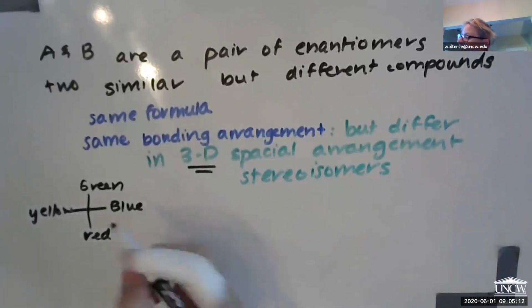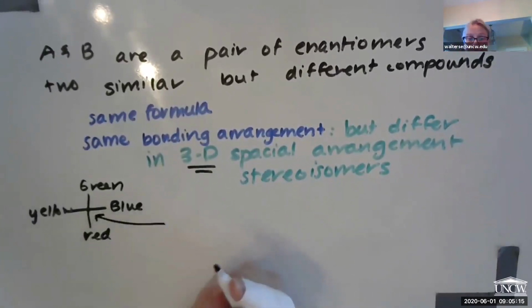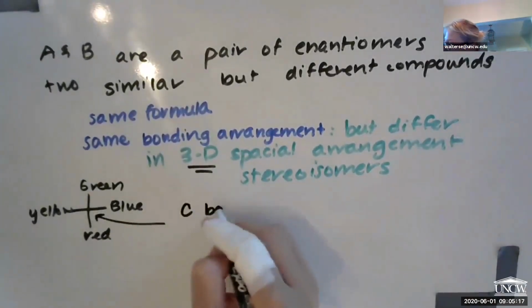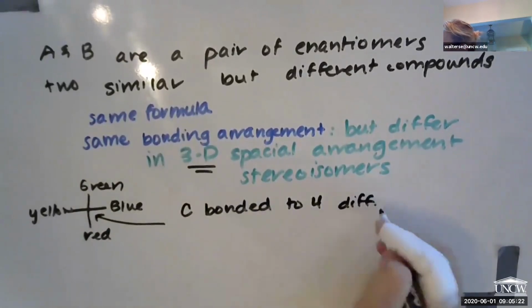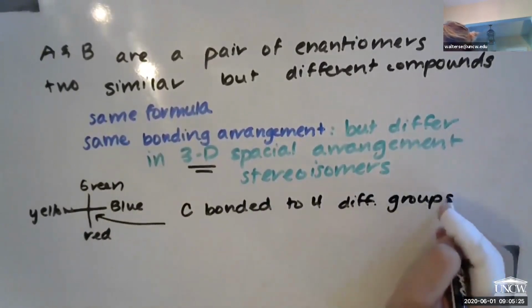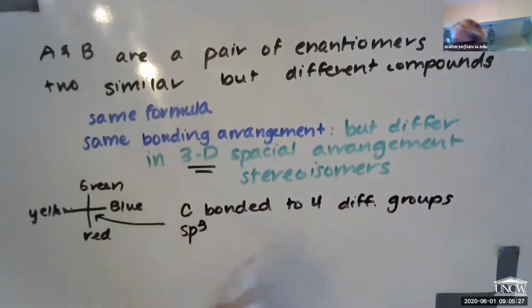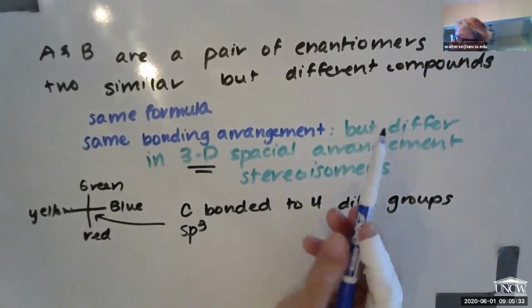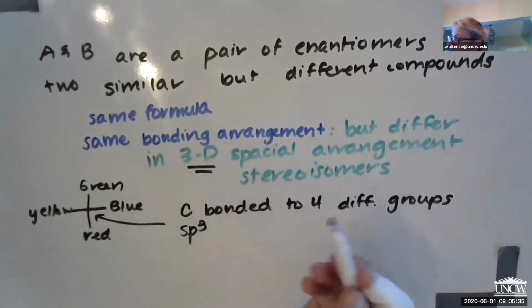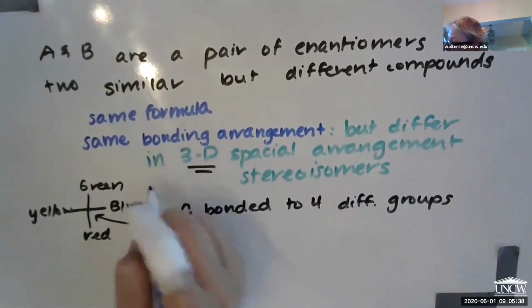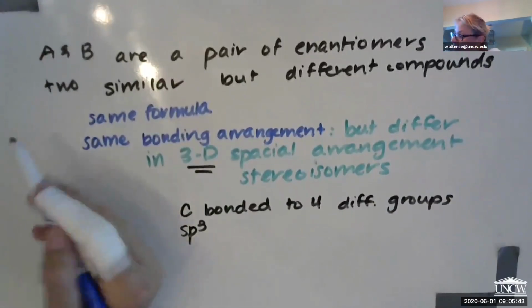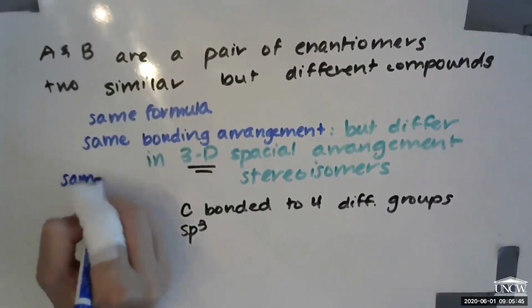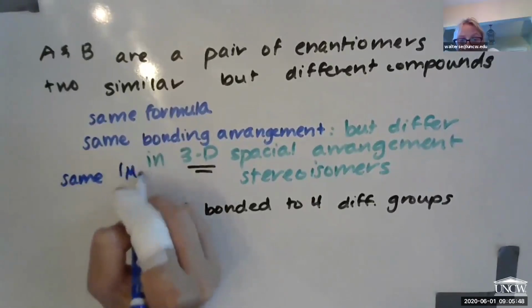The carbon here is bonded to 4 different groups, and it's sp3 hybridized. When you have the same formula, same bonding arrangement, I need to add some more stuff in here, they're going to have the same intermolecular forces.